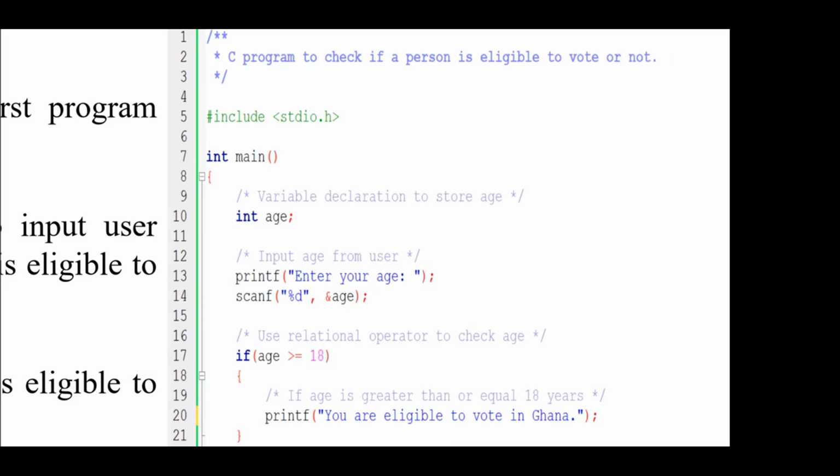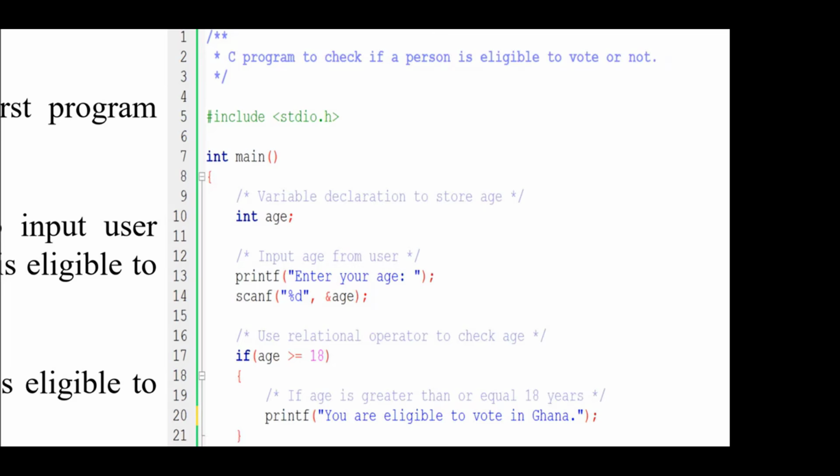Then this is where we go to execute the if statement. Here, by the use of a relational operator, you have if, and then within the brackets, the relational operator is used to check if the age that was entered is greater than or equal to 18, because in Ghana, the age that makes someone eligible to vote is 18.